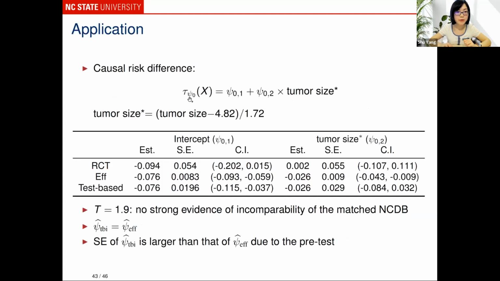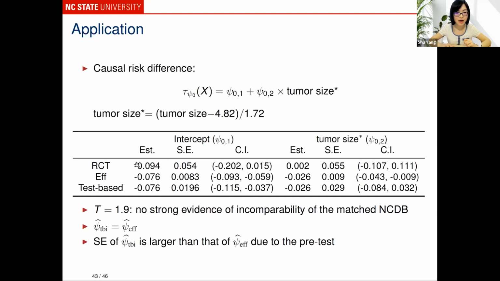Here, we formulate the HTE as a linear function of the tumor size. And here's a table for the RCT analysis, efficient analysis, and the TBI analysis. We have the estimator, standard error, and confidence interval. Here is for the intercept. Here is for the coefficient associated with the tumor size.